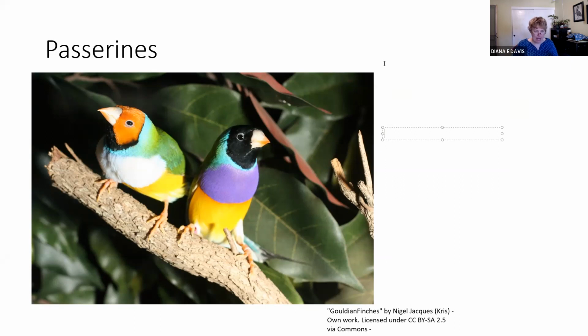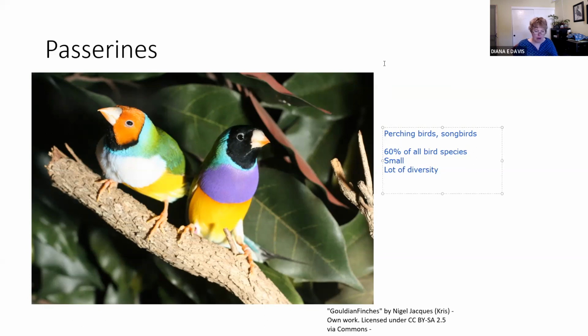All right, passerines, also called perching birds or songbirds. About 60% of all bird species are in this group. Generally speaking, these are small. There's a lot of diversity in this group.